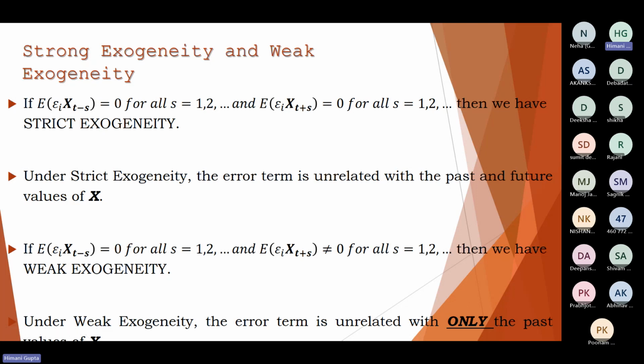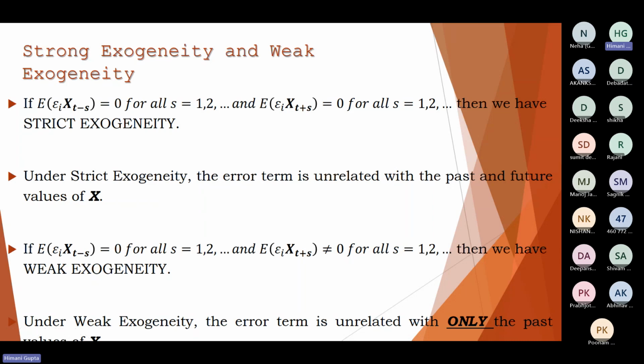S means your previous lag, 1, 2, 3, for all s, 1, 2, 3, 4, 5, whatever serial numbers or number of years you are taking. So neither should it be related to your past, nor to your future. If it is equal to 0 for the past, x at t minus s, and again for the future, t plus s, it is related to 0, then that is known as strict exogeneity.